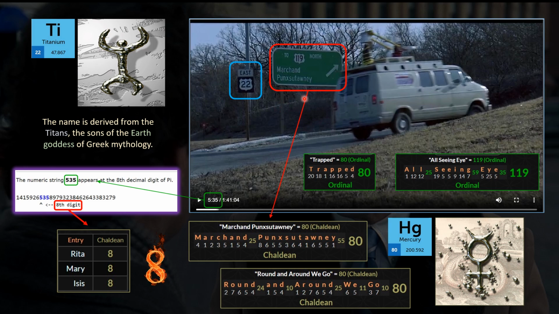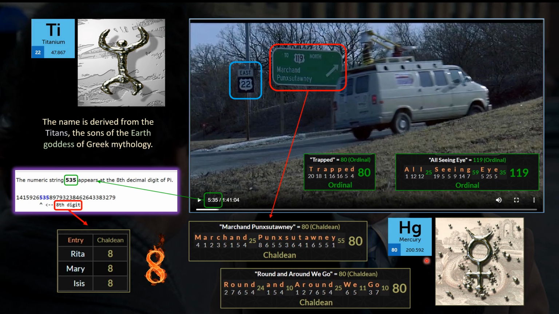So Marchand Punxsutawney, as what we see there on the sign, sums to 80 in Chaldean. In numerology, we can ignore the 0 as it's a null value, giving us the number 8 again. And then 80 matching on the periodic table of elements with the element Mercury. Mercury has an atomic weight 200.